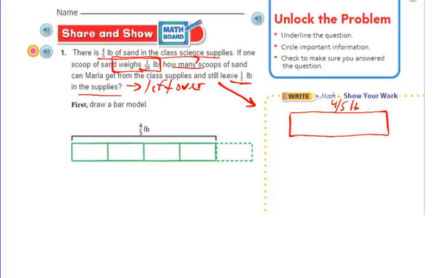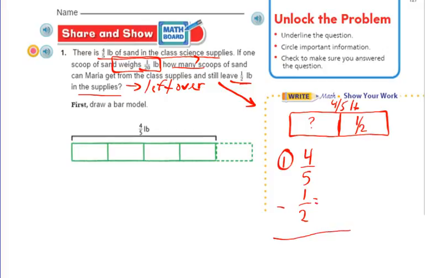So I know I have 4/5 pounds total, and I'm going to go ahead and draw in my leftovers here. So this leftover here is the 1/2. So again, step 1 tells me I need to find out how much sand she actually used by subtraction. So I'm going to take my 4/5 and subtract my 1/2.